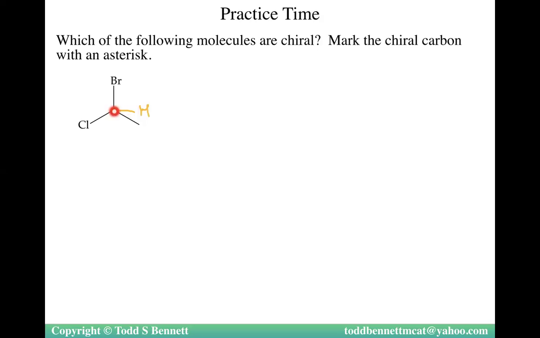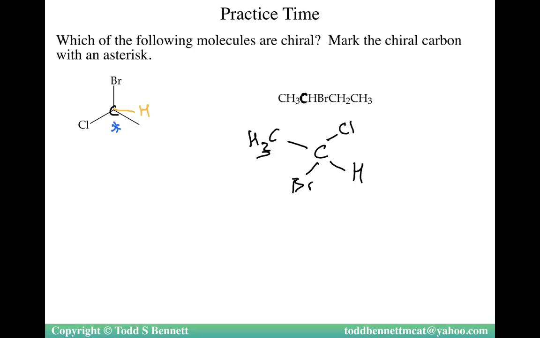We just don't draw H's, but on this central carbon right here, there are now 4 unique substituents: chlorine, bromine, H, and methyl. So that one gets a chiral center. This one is hard to see drawn out like this, but I'm going to go ahead and make that my carbon. That's an H, a Br, CH3, and a CH2CH3, which means 4 unique things. It is chiral.